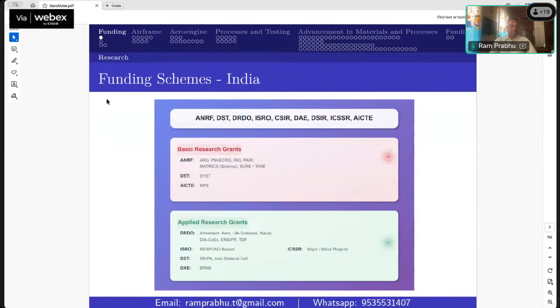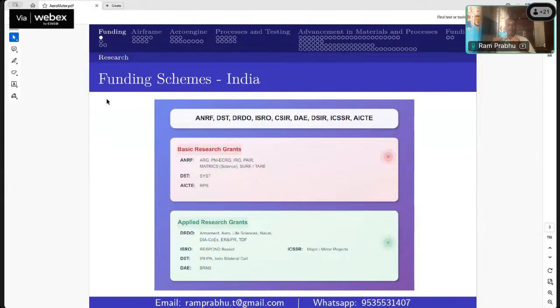Research grants you can classify into two categories. The first one is basic research grants, which will fund your fundamental research, basic research, in addition to applied research. And the second is exclusively for applied research grants, wherein the output should be in the form of a product or process, or lead to some solution for an existing problem.